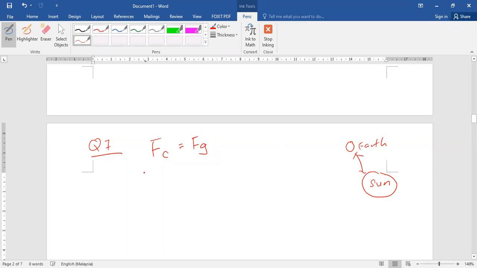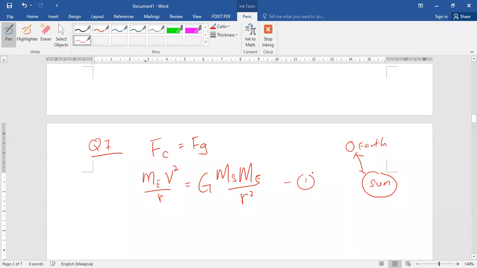So M, mass of the Earth, v squared over R will be equal to G, mass of the sun, mass of the Earth over R squared.